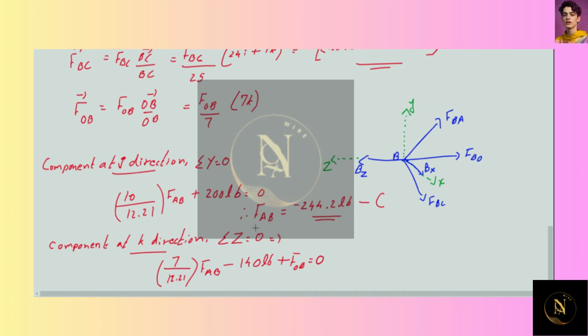We just found the value of FAB, substitute that value, that gives us FOB equal to 280 lb. You can see FOB is actually going outward from point B. That creates tension. Let's denote it by the letter T. I hope you understood the problem. Thank you.